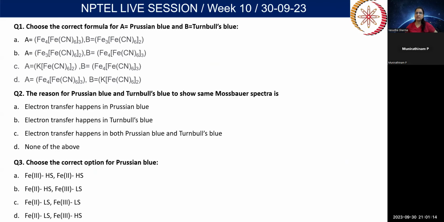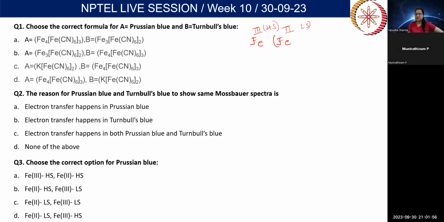So we have to choose the correct formula for A, that is Prussian blue, and B is Turnbull's blue. Can you please answer which one is what? In Prussian blue, we got to know that the outer one is iron 3 and the inner one is iron 2 low spin.